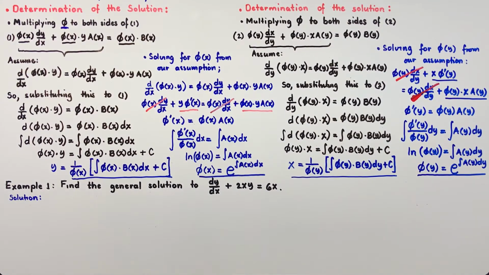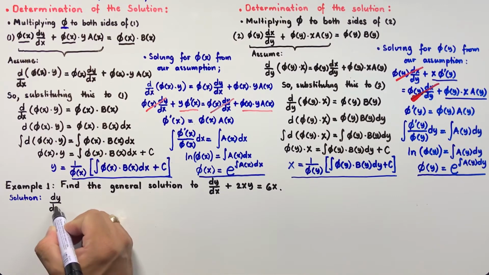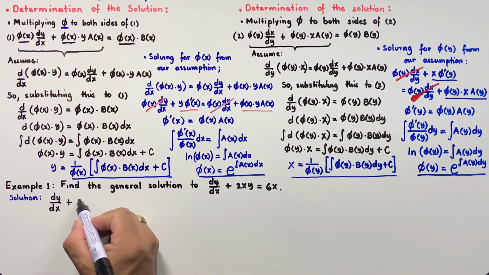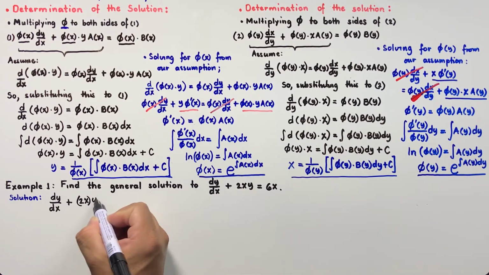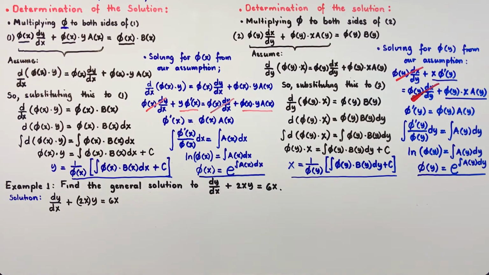Find the general solution to the differential equation dy/dx plus 2xy, which is equal to 6x. And we notice that this is already a standard form, because if we write this as the derivative of y with respect to x plus 2x times y, which is equal to 6x, we have a first order differential equation in the derivative of y with respect to x.